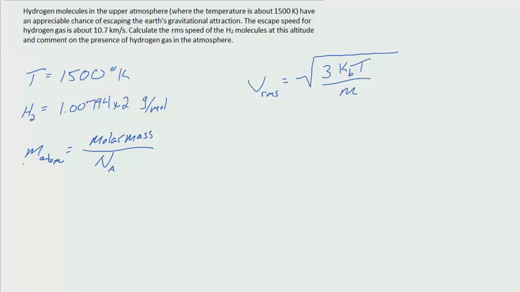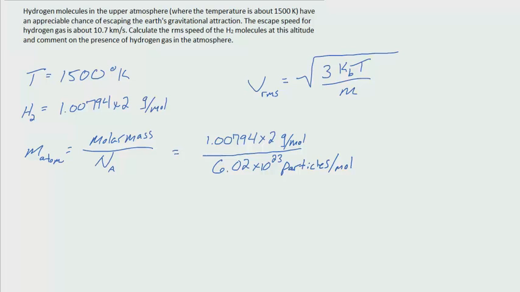So the molar mass of hydrogen is 1.00794 times 2, divided by Avogadro's number, which is a constant of 6.02 times 10 to the 23rd particles per mole.